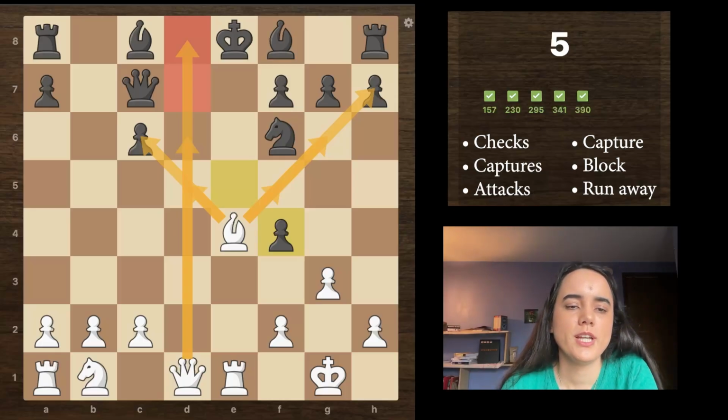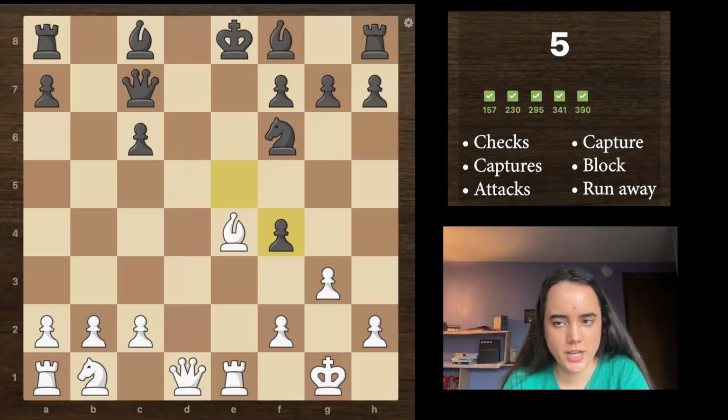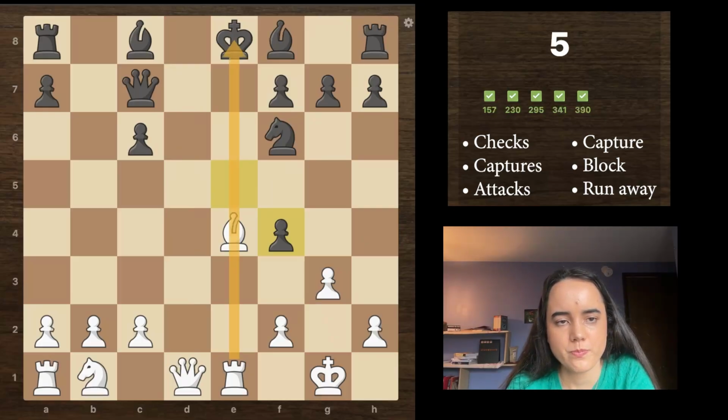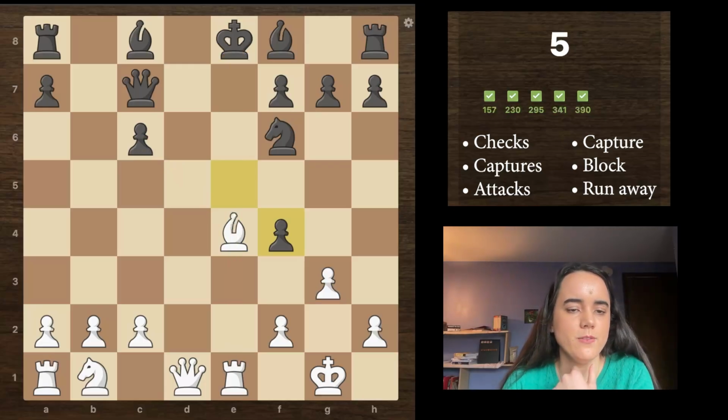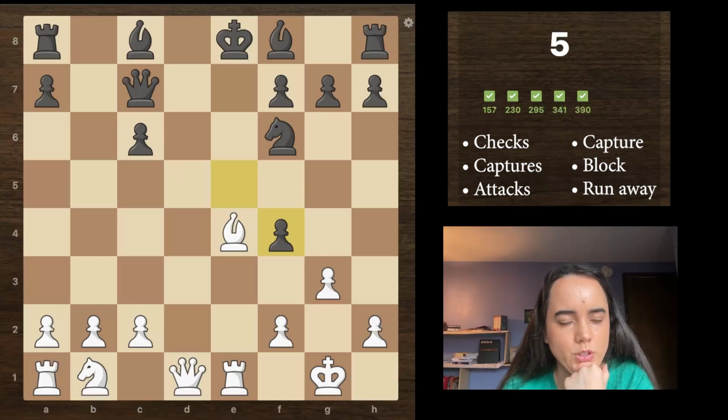So let's look at the discovered check. When you're removing a piece to reveal a check, it's called a discovered check. So let's look at these discovered checks. All right, so one thing to notice is that this queen is covering all these squares.